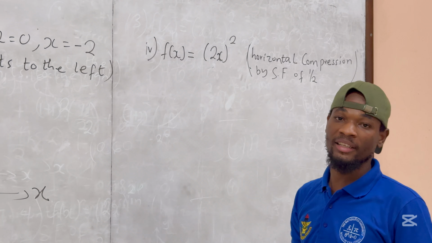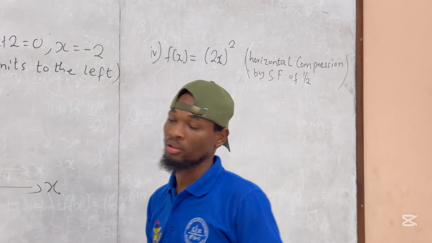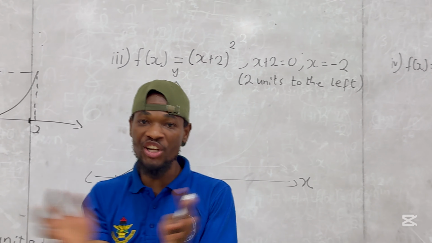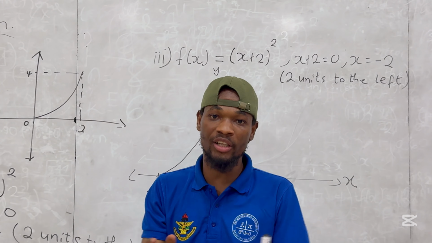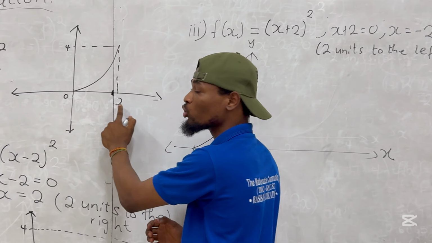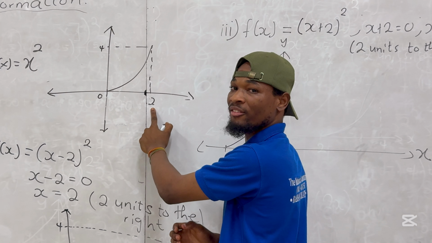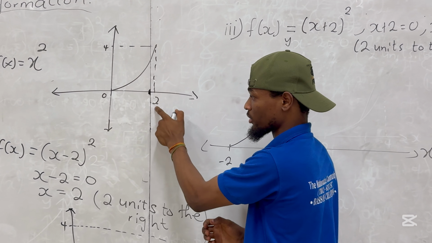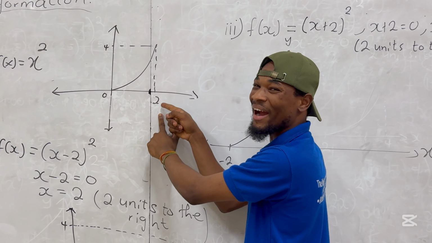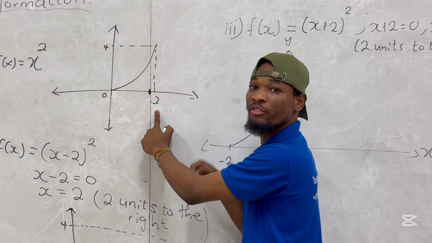So let's visit the original graph again. So why are we saying compression? Compression simply means what? There's a shrinkage. So it's either horizontal shrinkage or horizontal compression. So here is from 0 then to 2. So the scale factor here is, we said, from 0 to 2, that means you are going to multiply this by half. So half of 2 gives what? 1.